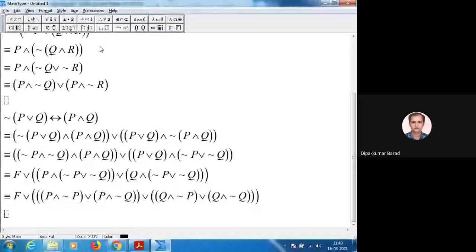Okay, so I get F. Similarly Q and not Q, F.